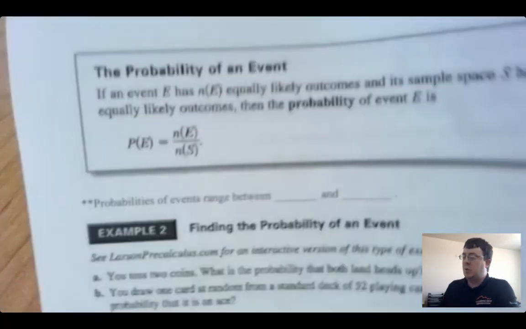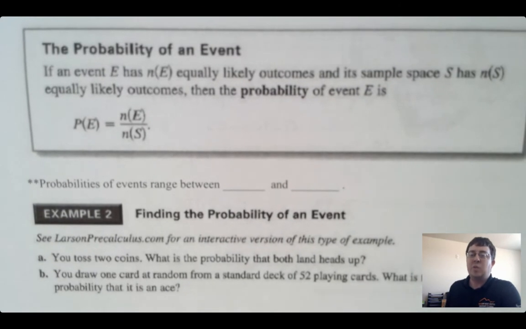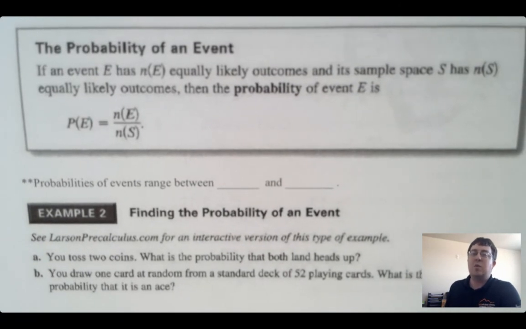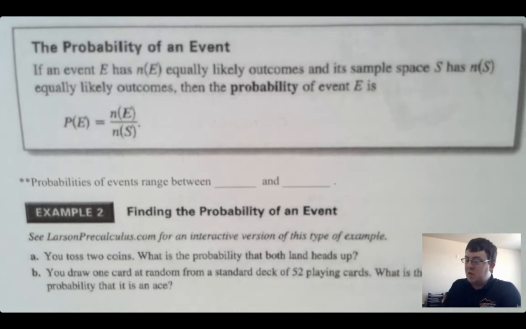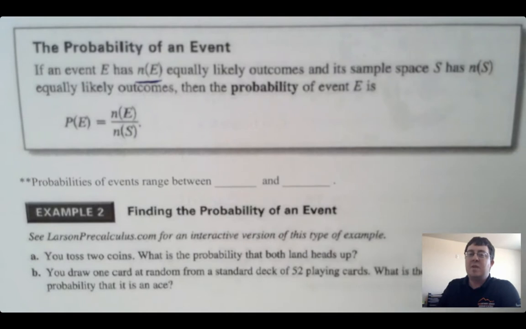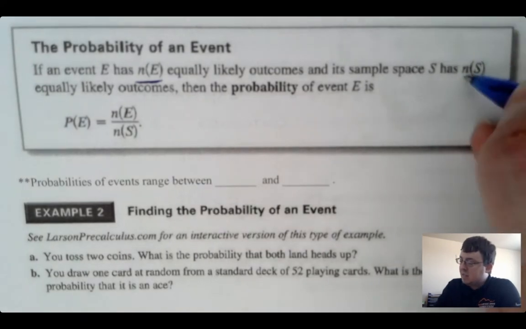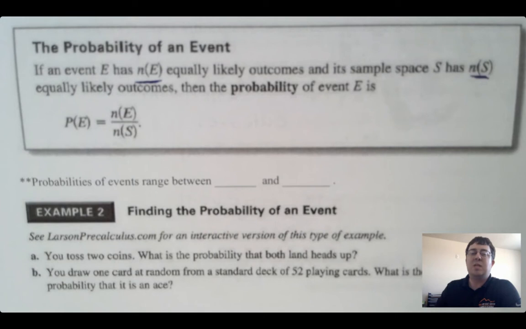I'm sure this will be a lot of review, hopefully, but maybe the notation will be a little bit different, so I kind of want to go over that a little bit here. If an event E has some number of equally likely outcomes, which I'm going to say n(E), like the number of elements in E, and the sample space has some number of outcomes in it as well.